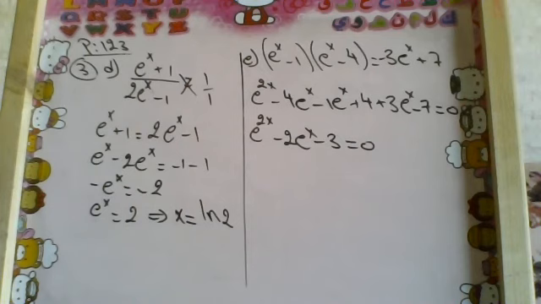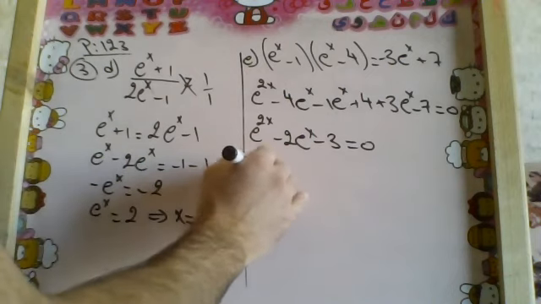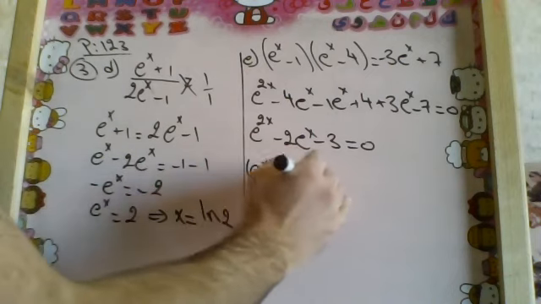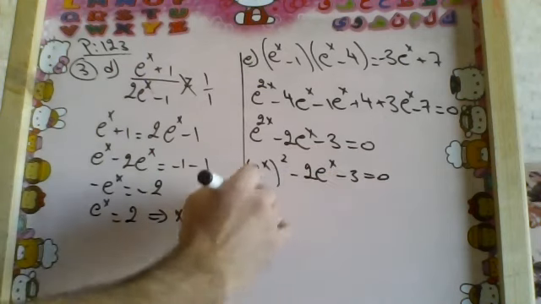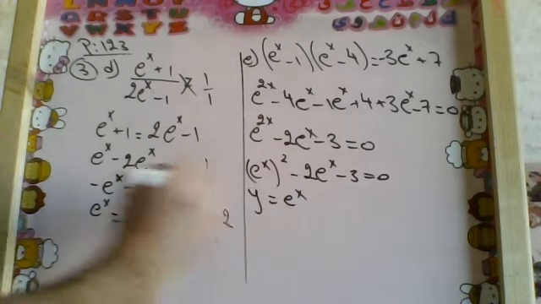Then how do you solve it? Go back to part C. How did you solve part C? We write e power 2x as e power x squared, minus 2 e power x, minus 3 equals 0. Now put y equal e power x.